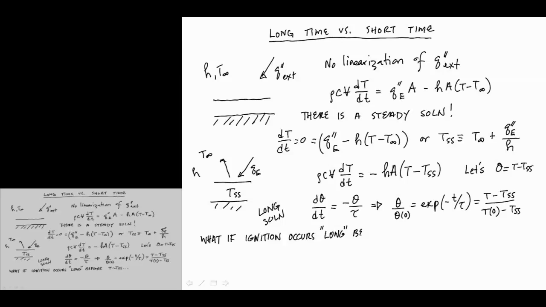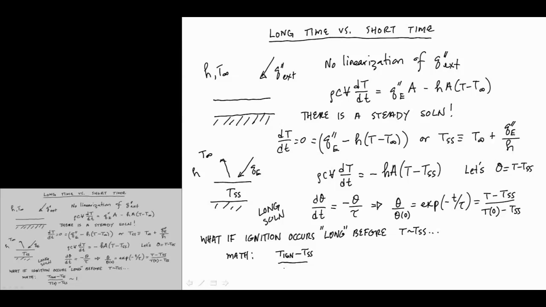Let's think about it mathematically first, and then we'll talk about it more intuitively. So really what we're saying is, what if (T ignition minus T steady state) over (T0 minus T steady state) is basically 1?